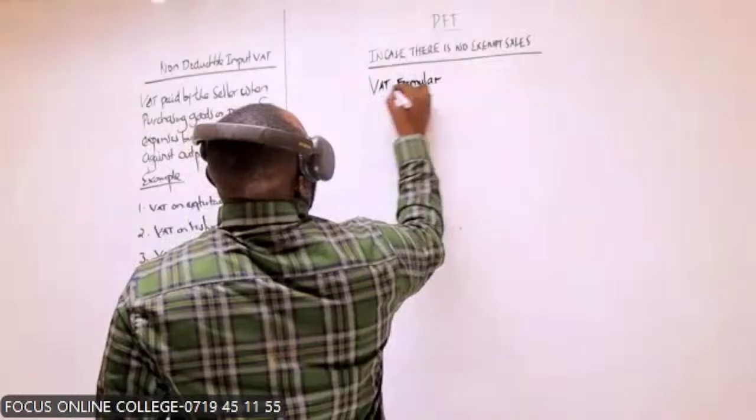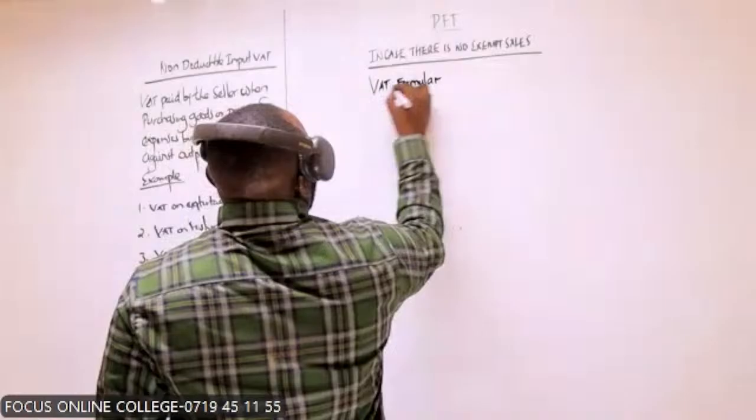So on this VAT account, I have input and output. On this side, I'll call it input VAT.